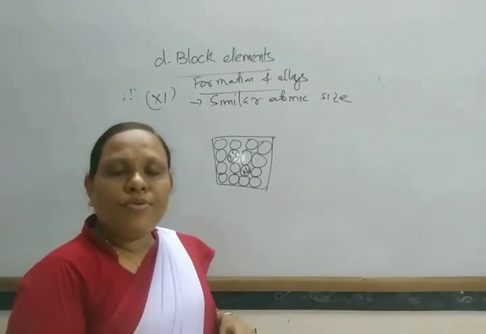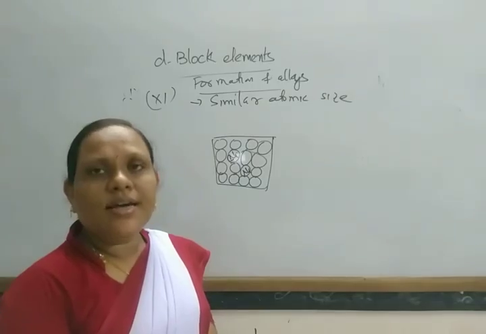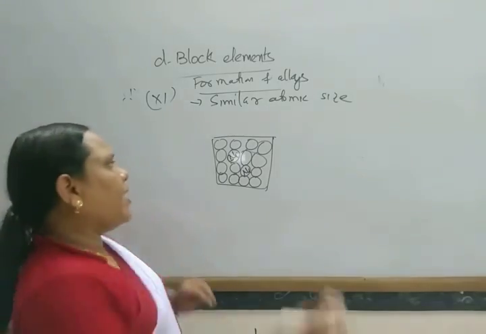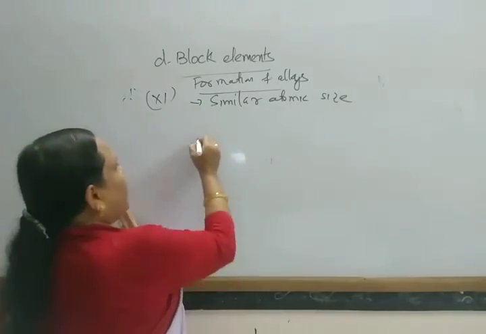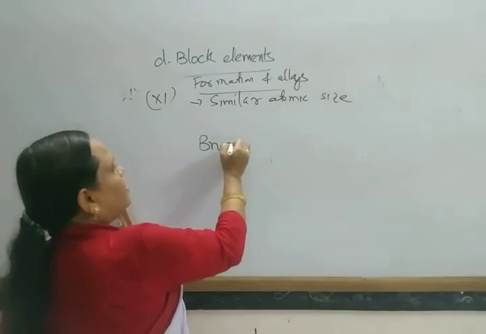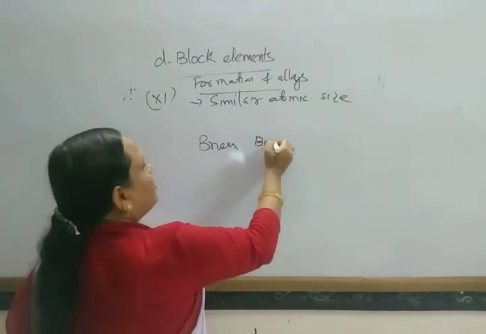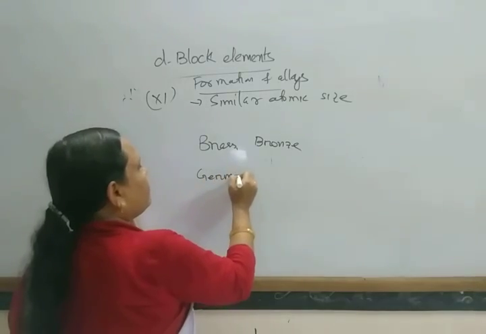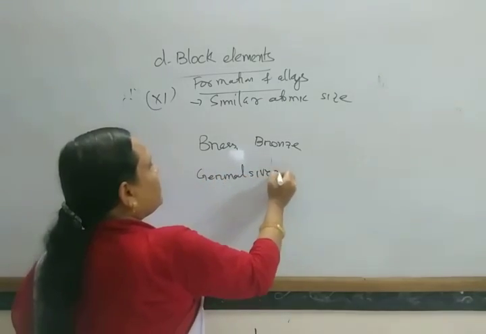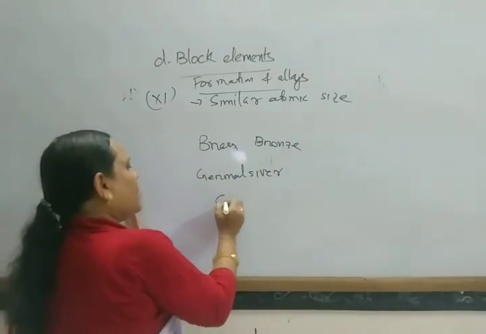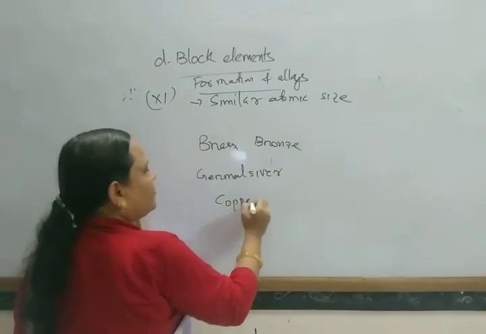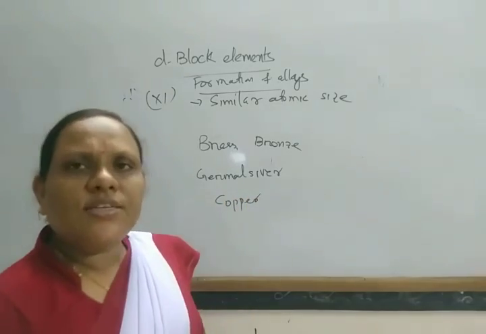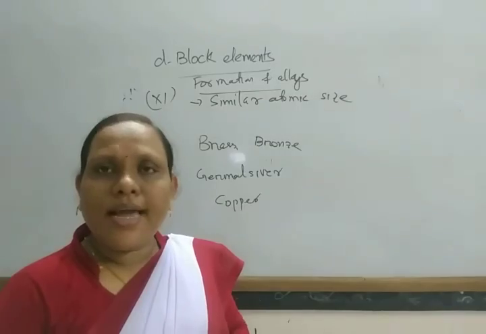And the alloy of mercury is known as amalgam. Some examples of alloys are brass, bronze, German silver. So these are some alloys of copper. Okay, so transition elements generally form alloys.